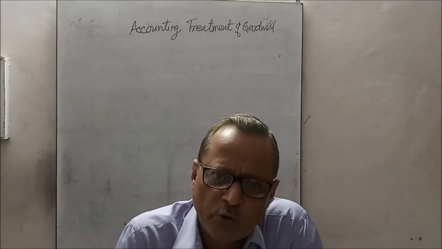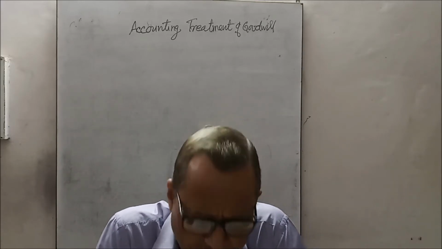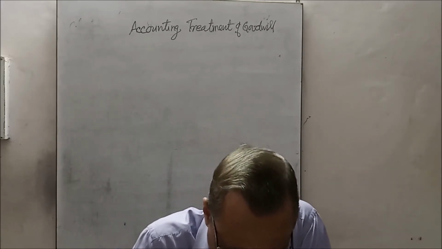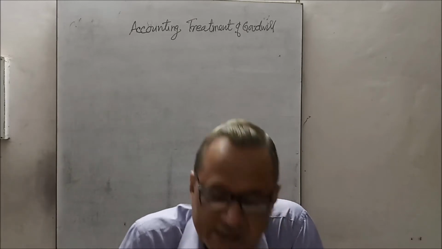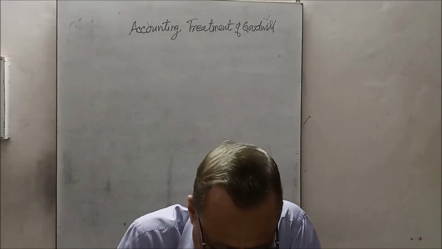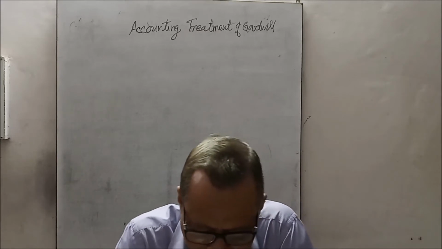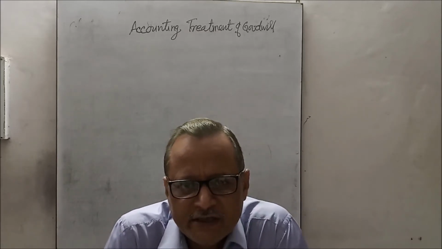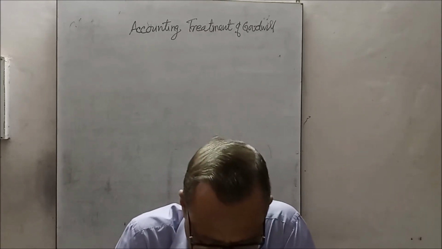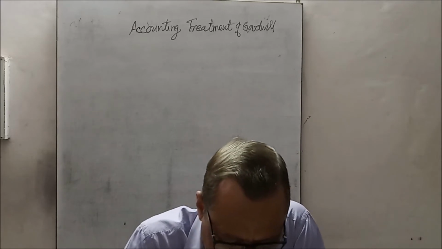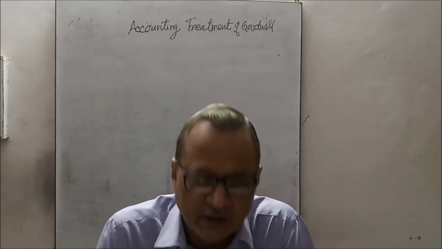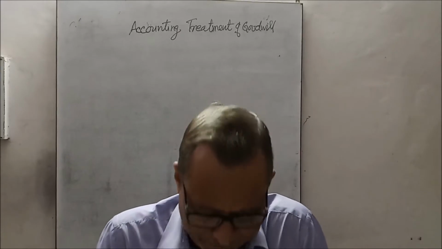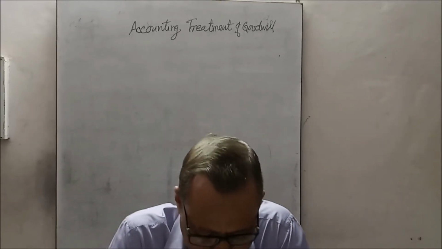So I'm just going to take one question of your book, that is question number 19B. K and Y are partners in a firm sharing profits in 3:2 ratio. They admitted Z as a new partner for 1/3 share in the profit of the firm.